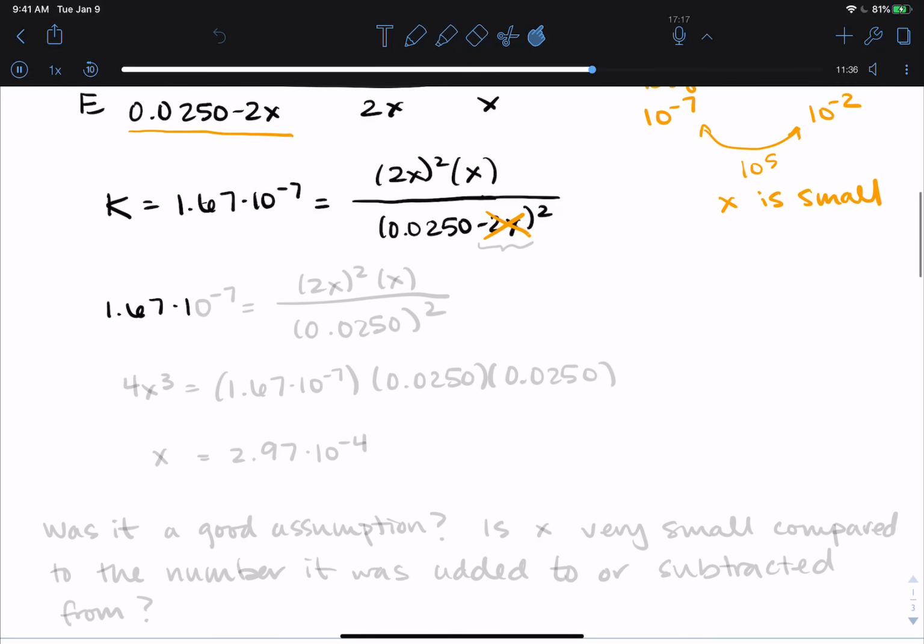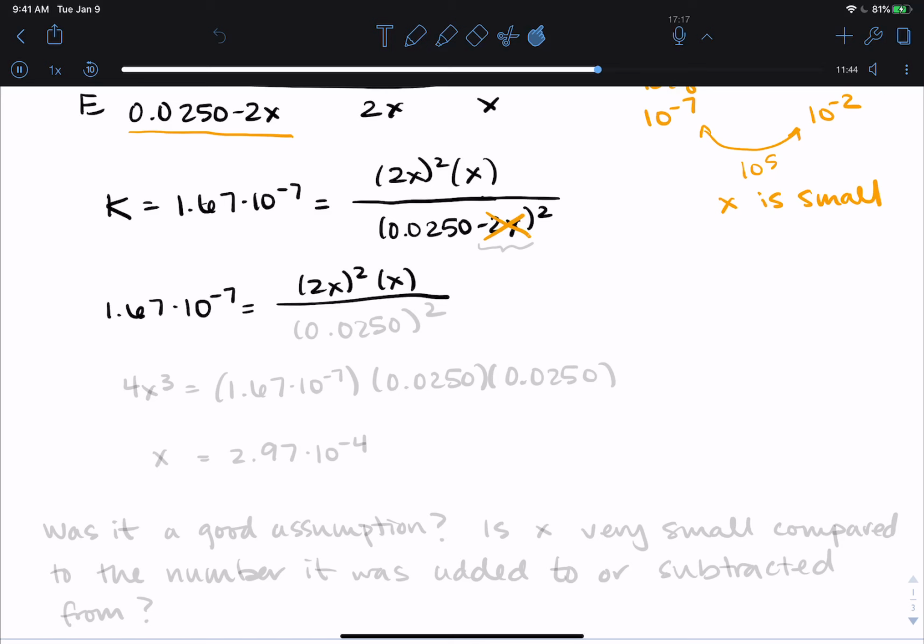So my equilibrium constant expression with all of the numbers plugged in, the simplified form, is going to be 1.67 times 10 to the minus 7th equals 2x squared times x divided by 0.0250 squared. So I still have an x cubed in here, but I only have an x cubed. Once I simplify this algebraically, I'm just going to need to take a cube root to find my value of x.